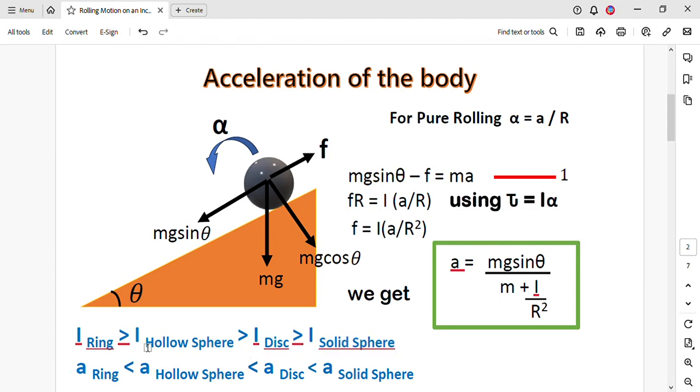So the ring has maximum moment of inertia and the solid sphere has minimum moment of inertia. So the ring has minimum acceleration and the solid sphere has maximum acceleration, due to the inverse proportionality.